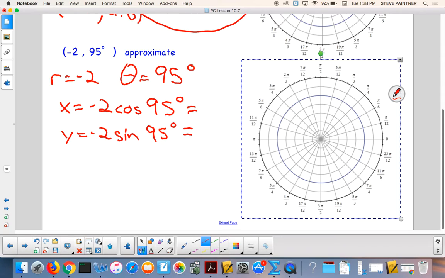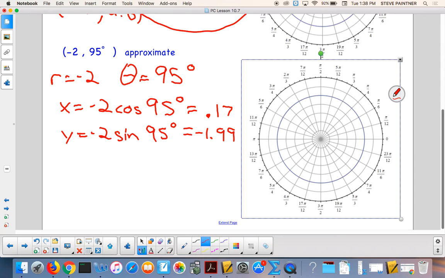Is it 0.17 for x and negative 1.99 for y? 0.17 and -1.99. Same thing? Anyone? Yeah? Okay. Let's graph that polar coordinate to see if that makes any sense.